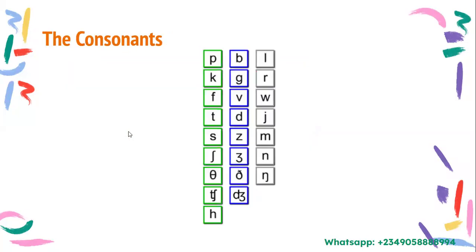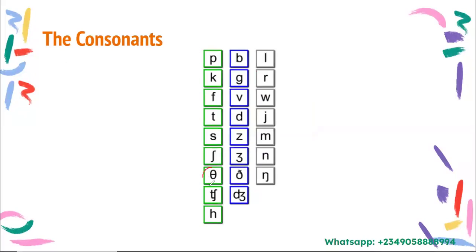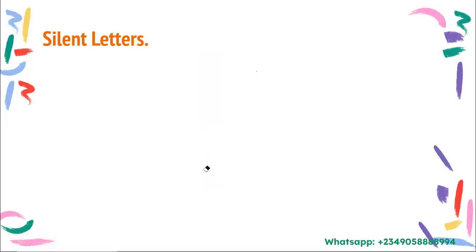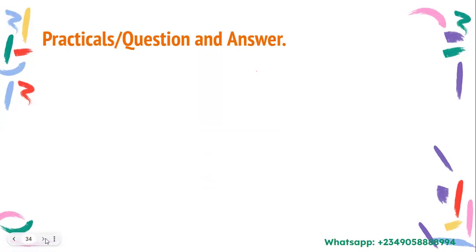For example, you compare the voiceless TH with T: words with the voiceless TH and words with letter T. Okay, so after minimal comparison, contrasting the sounds, then you have silent letters. Please teach silent letters so that they're not confused. After silent letters, then you have room for questions and answers.